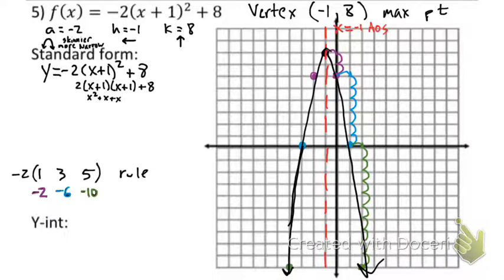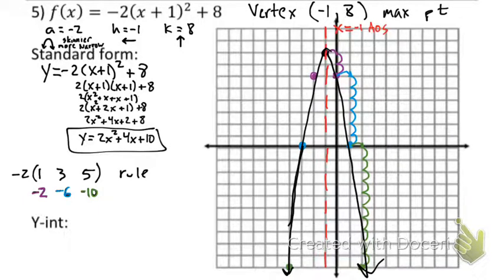Plus x for here, 1 times x, and then plus 1. So that gives me 2 times (x squared plus 2x plus 1) plus 8. Distribute the 2 now, so 2 times x squared, 2 times 2x, 2 times 1. So the 2 gets multiplied in. 2x squared plus 4x plus 2 plus 8. And then we combine like terms. So y is equal to 2x squared plus 4x plus 10.